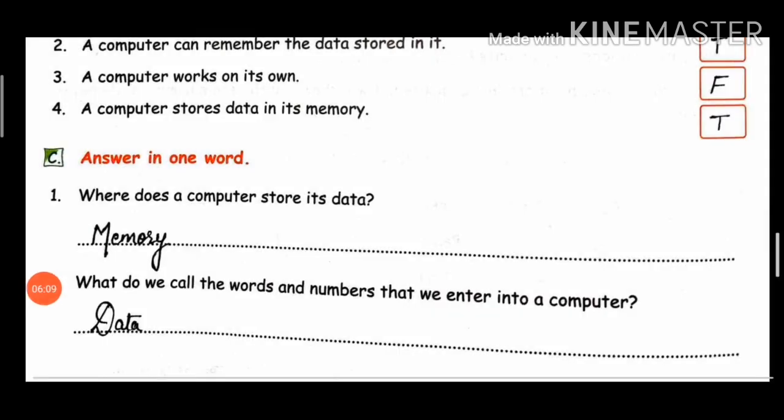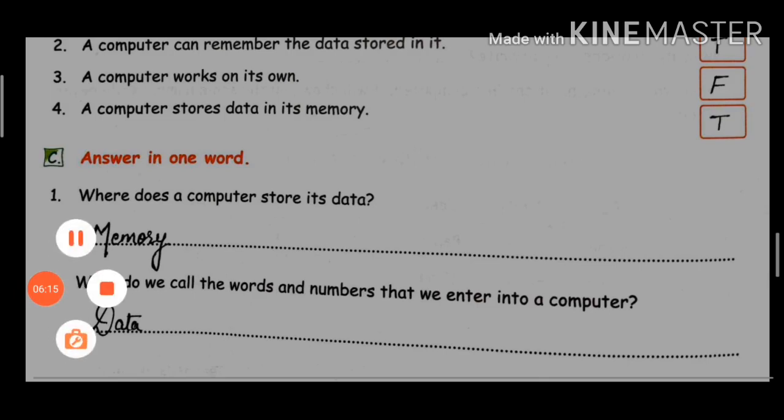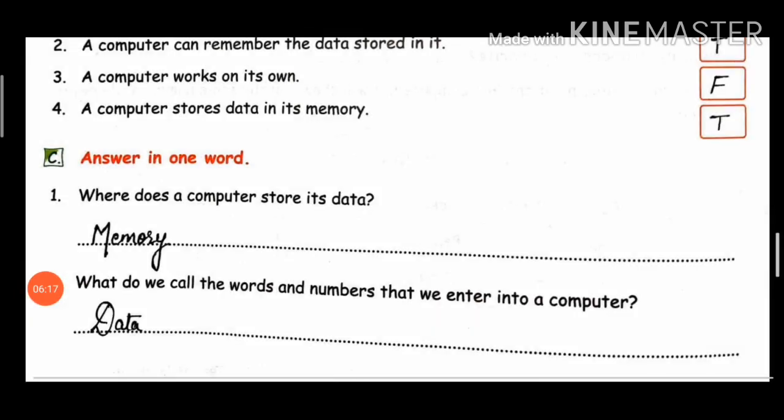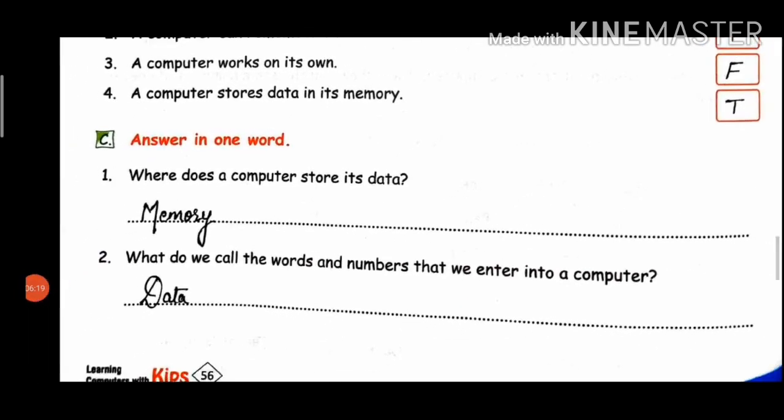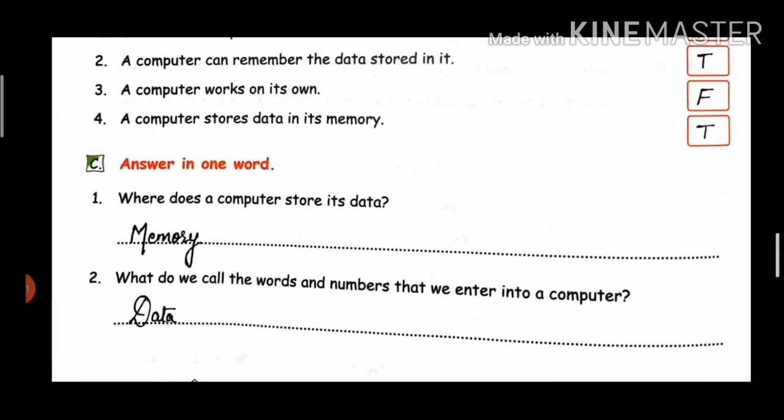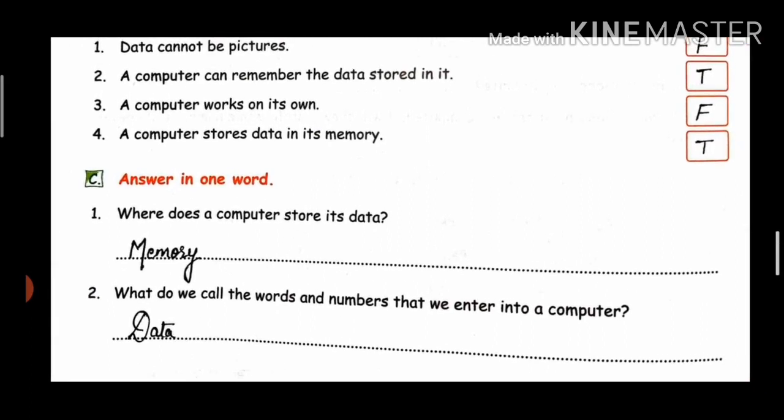What do we call the words and numbers that we enter into a computer? We call it data. Why data? Because data can be anything, like words, numbers, pictures, movies.